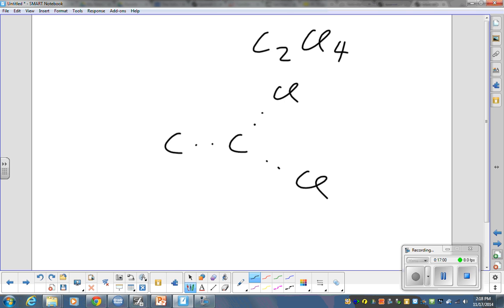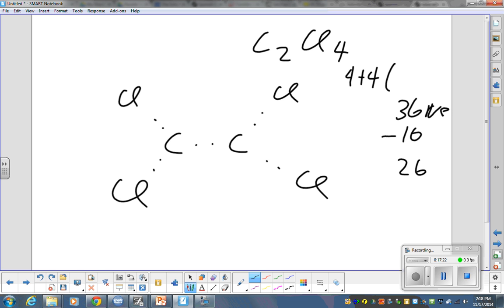So carbon has 4, plus 4 is going to be 8, plus 7 times 4 from chlorine is going to be plus 28, so it's going to be what, 36? So 36 valence electrons to start out with. I use 2, 4, 6, 8, 10. 36 minus 10 is 26. I have 26 left. If I look here, 6, 6, and 6, and 6 always on the outside.